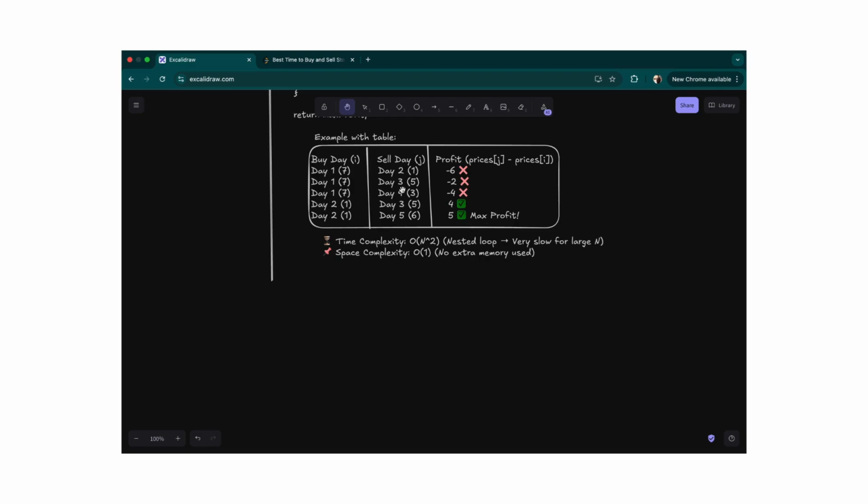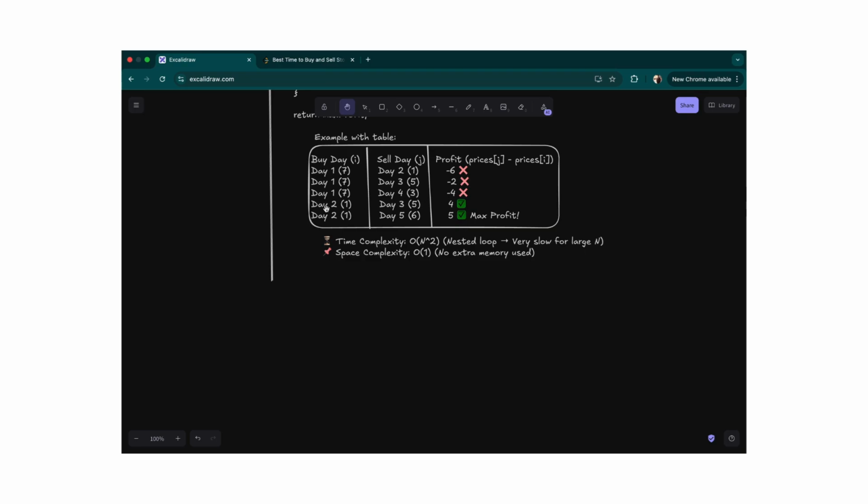And again at day 1 we are getting 7 only, and we are subtracting it from 5. Then also we are getting a negative solution. Again we are not going to take this solution, we are not storing this because it's a negative value. Again we are checking day 1, 7, and day 4, 3. Again we are getting a negative value.